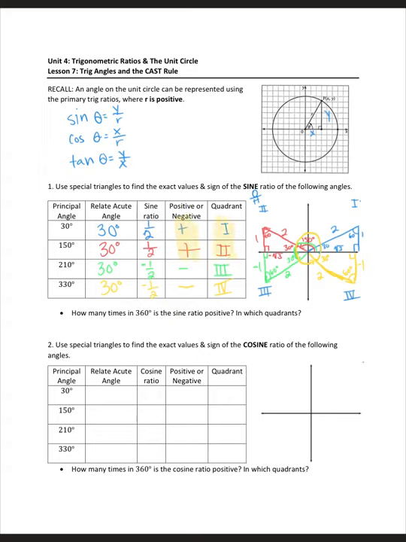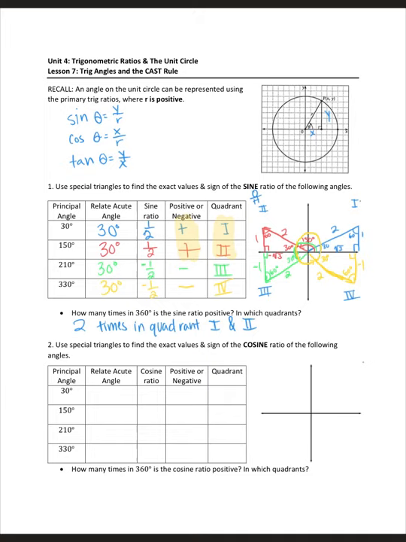And that occurred in quadrant 1 and in quadrant 2. So how many times in 360 is the sine ratio positive? 2 times, in quadrant 1 and 2.